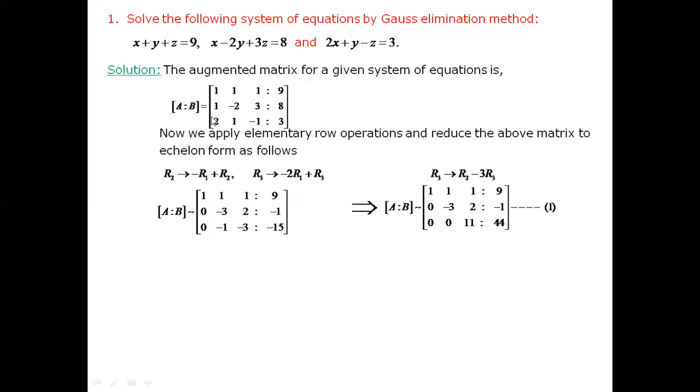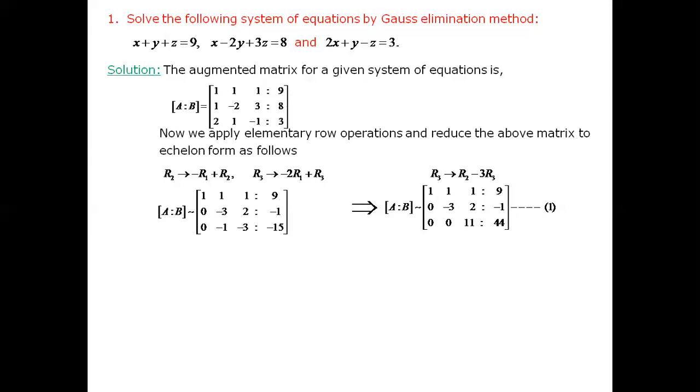So the augmented matrix reduces to echelon form, and this completes the second step of the working. The first step is writing the augmented matrix. The second step is reduction of this augmented matrix to echelon form, and that we have achieved.